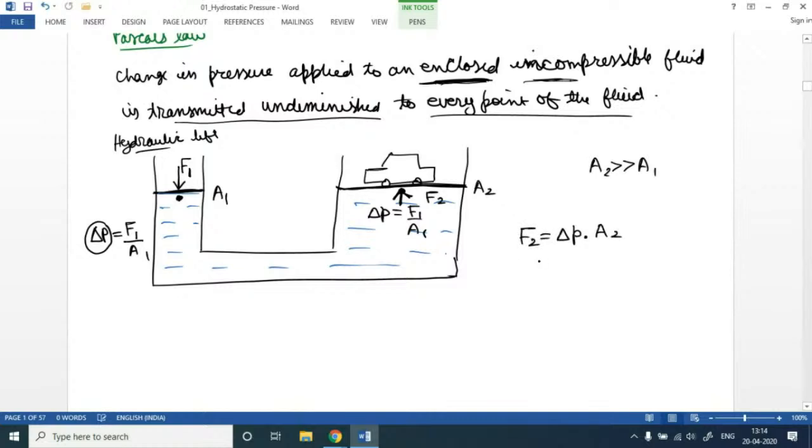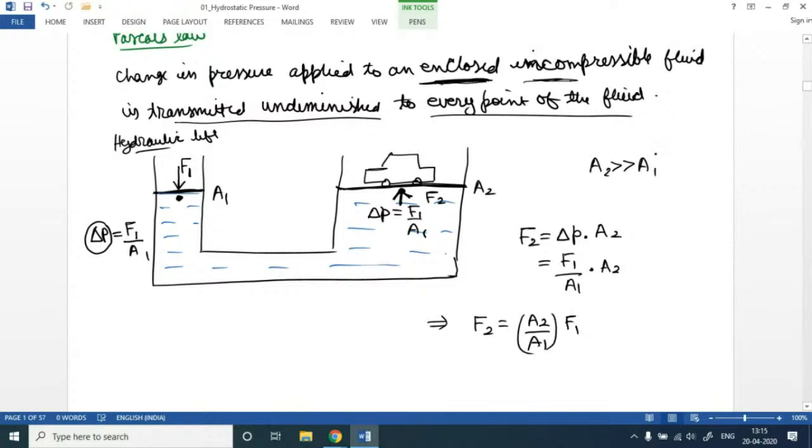And delta P, as we know, is simply equal to F1 by A1, and that will be multiplied with A2. So just by rearranging this equation, you can say that F2 is nothing but A2 by A1 into F1.